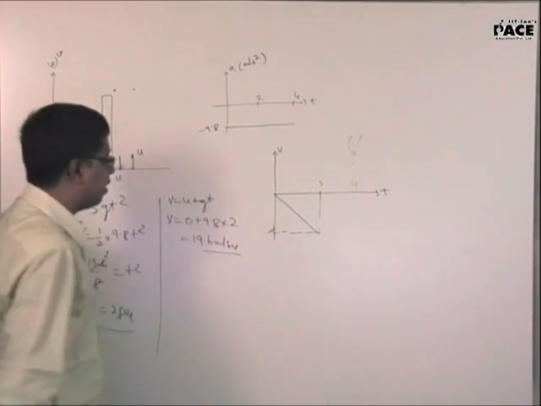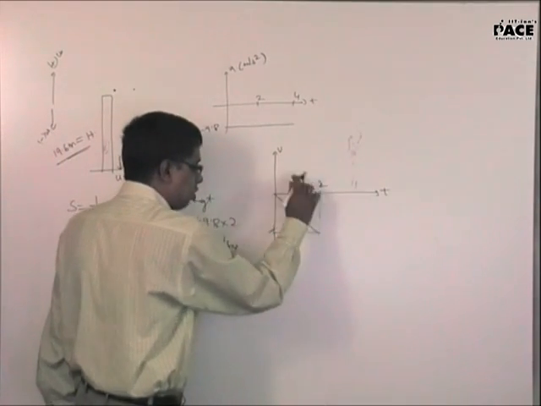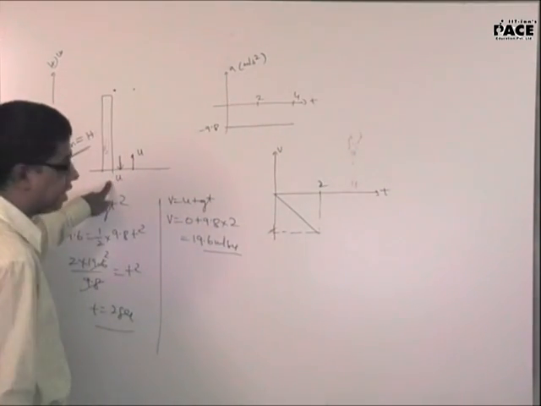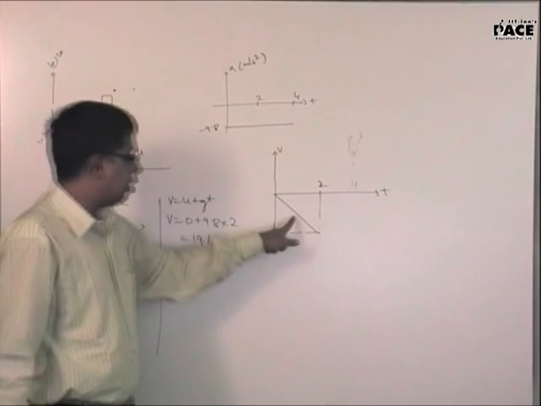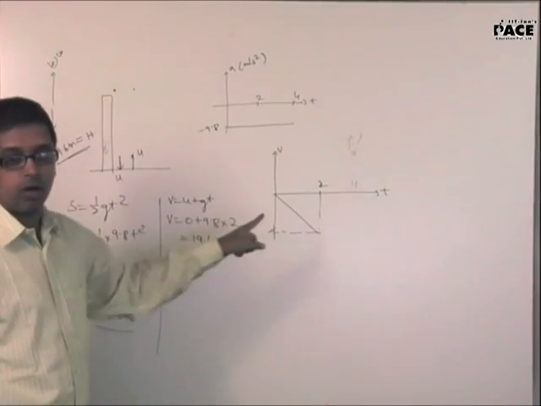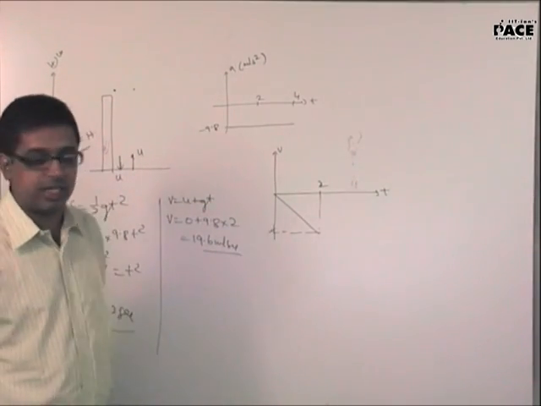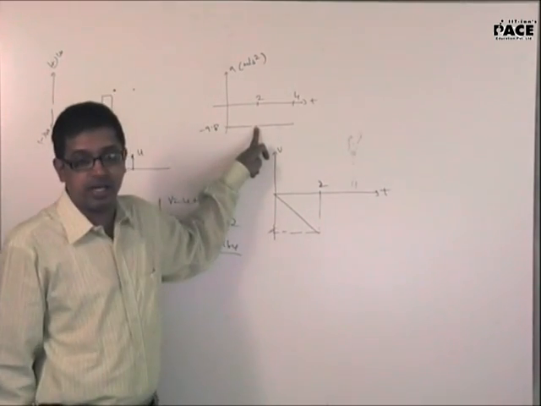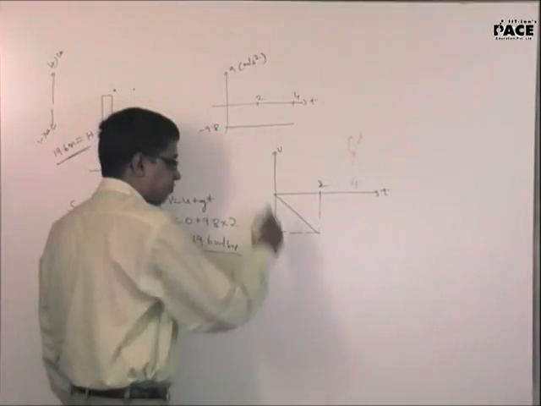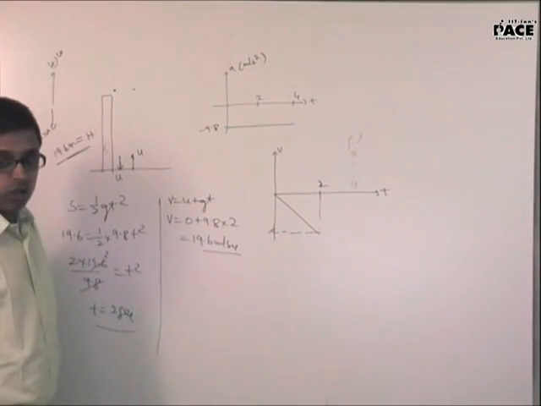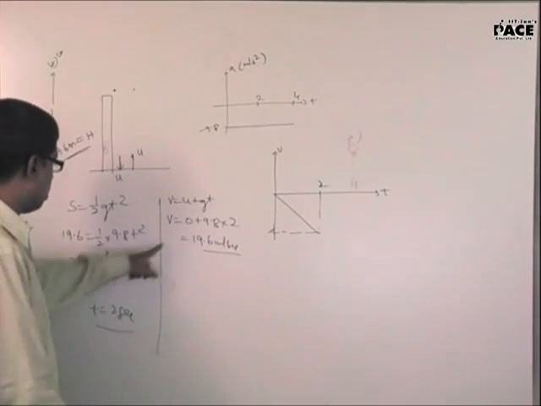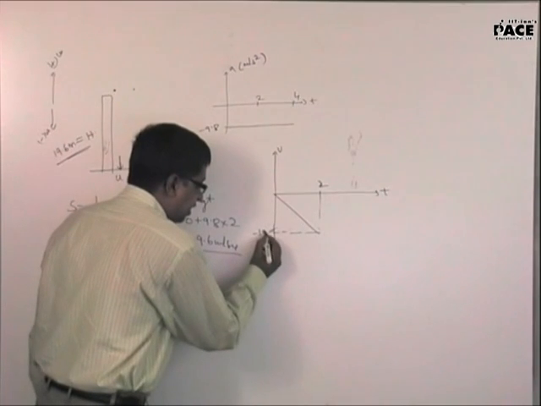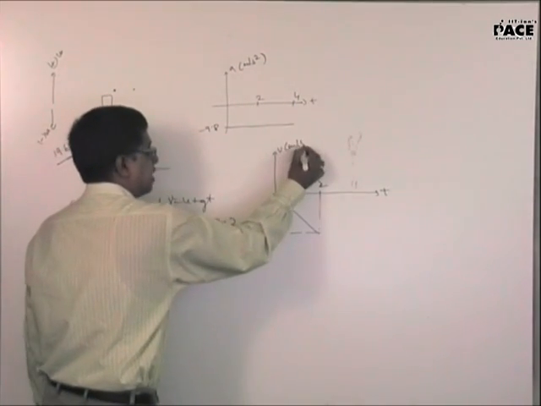Velocity must be negative, it is in the downward direction. But yet it should be a straight line, because the slope of this is constant, that is acceleration. Is the slope positive or negative? The slope is negative because acceleration is negative. In the first 2 seconds this is the graph, and the velocity it acquires is minus 19.6 meters per second.